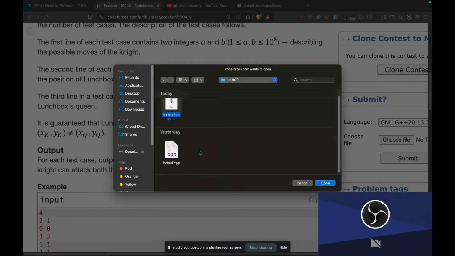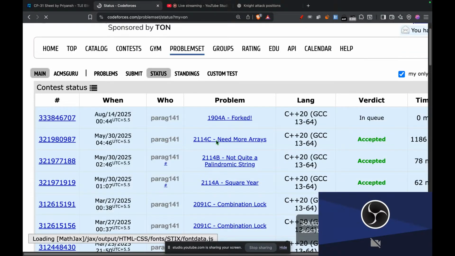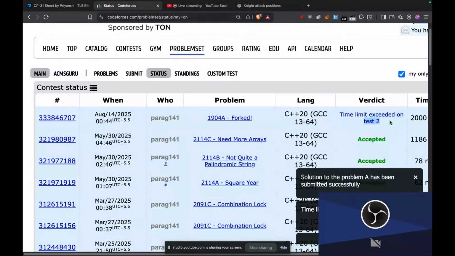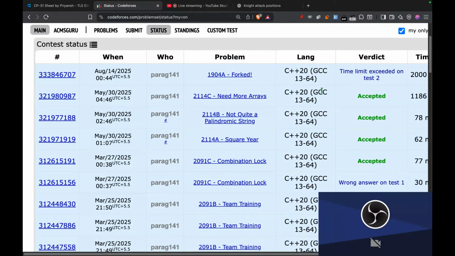Hope to see submit. Hey bro, no. Can I see the test case?